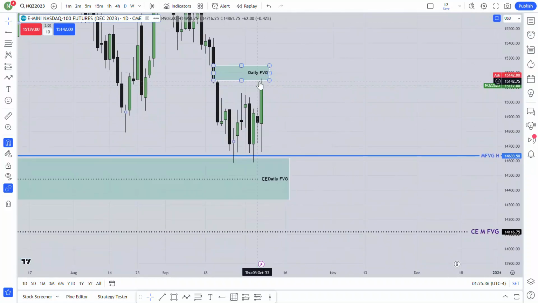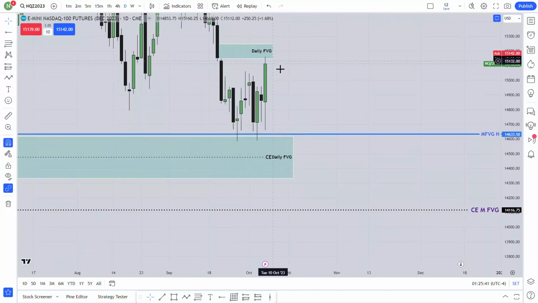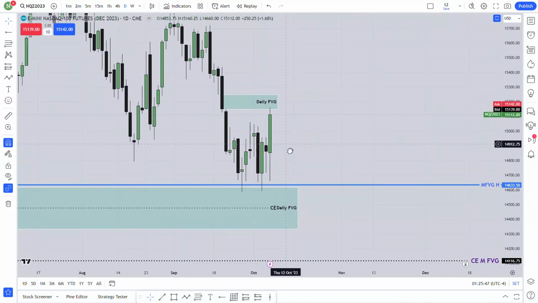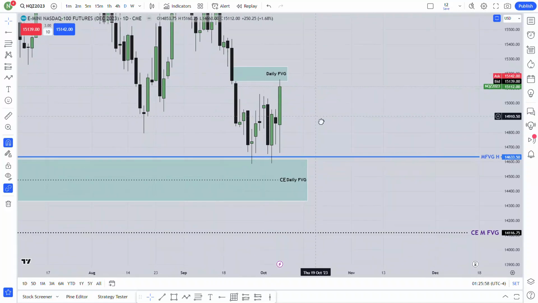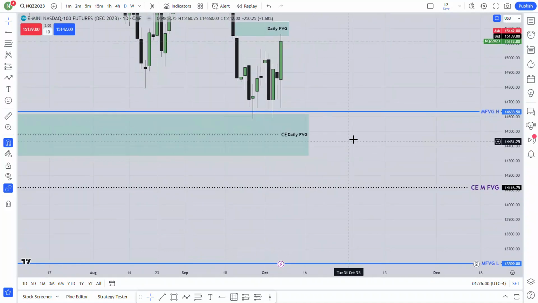In the daily chart you can see there is a daily fair value gap, and last Friday the market traded this daily fair value gap, and that is all. There is a very small fair value gap over there, but I want to see it stay open, because that will work as a breakaway gap, and that will help me be confident that the market will go lower.